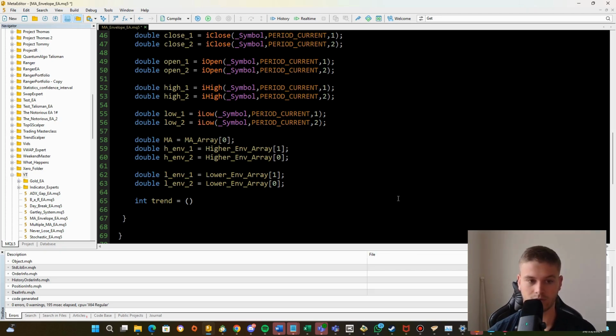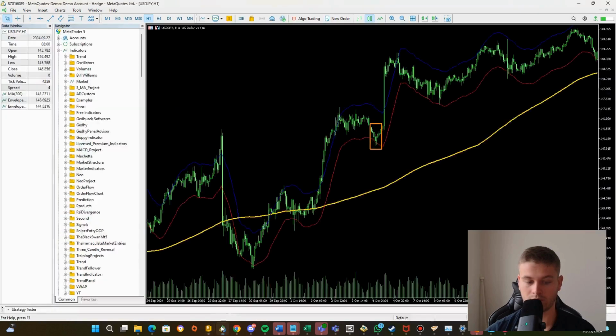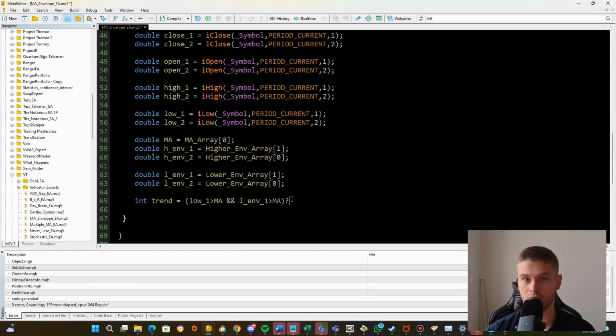Let's do this. So if low 1 is higher than moving average and lower envelope 1 is higher than moving average, meaning that the low price, so for example this price here is above the moving average and the lower envelope at this point is as well, which it is, meaning that none of these two values basically touch the moving average, then the trend is 1, meaning uptrend.